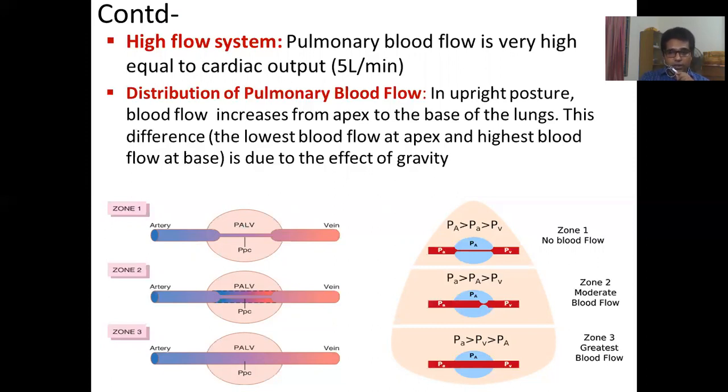Due to this, in the apical region the pulmonary capillary or alveolar capillary pressure remains lower than the alveolar air pressure during the whole period of the cardiac cycle. As the pulmonary capillary pressure remains lower than the alveolar air pressure, this capillary will be compressed by the alveolar air pressure.